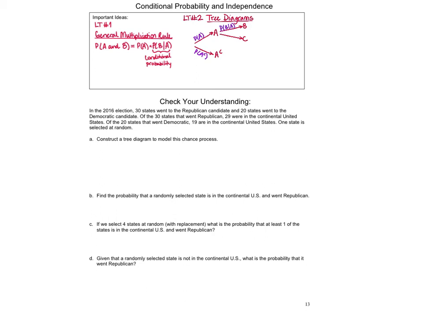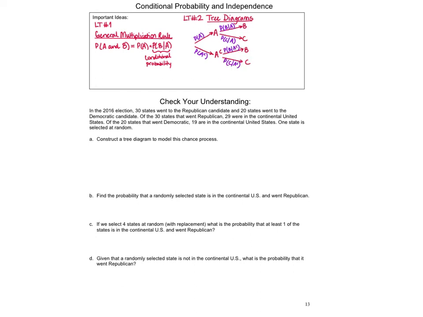The probability that event B happens knowing that event A happened, and the probability of event C happening knowing that event A happened. If event A didn't happen, or A complement happened, then we have those same two possible outcomes, B and C, with the conditional probabilities associated with each one of those events.